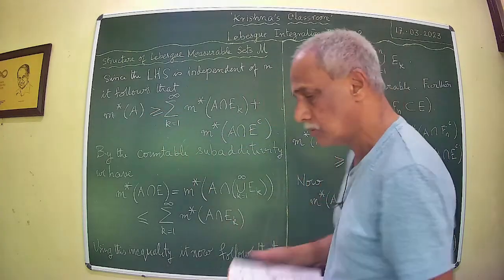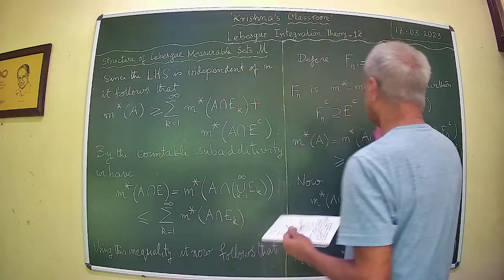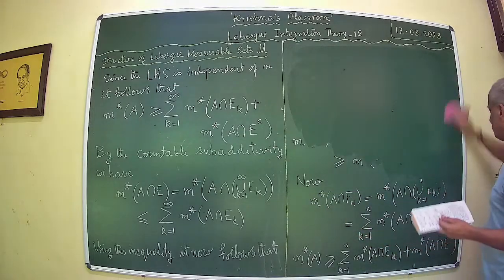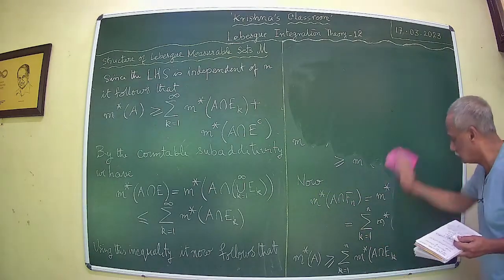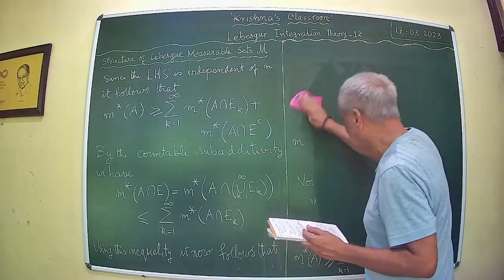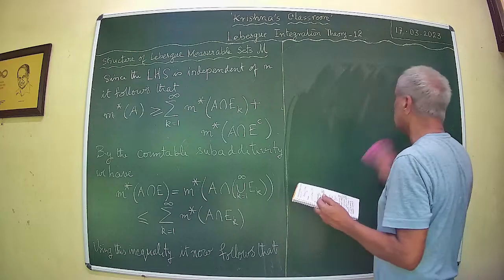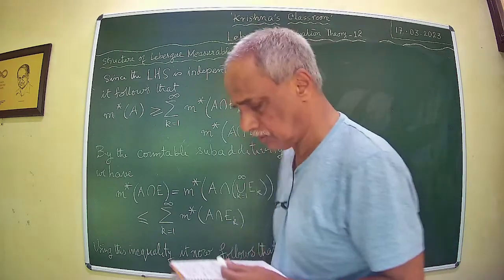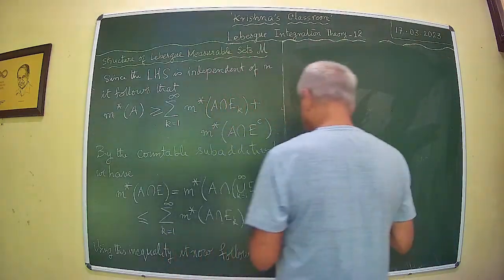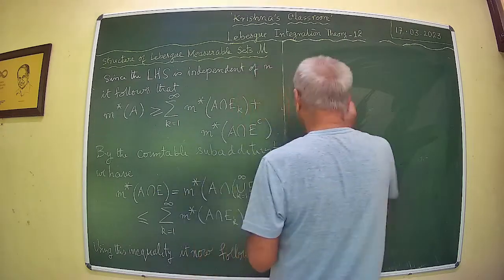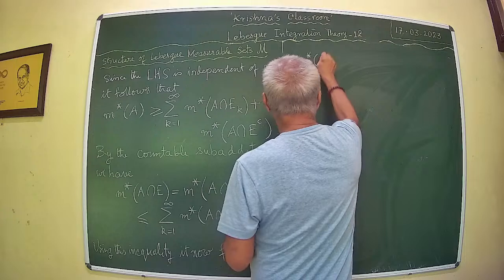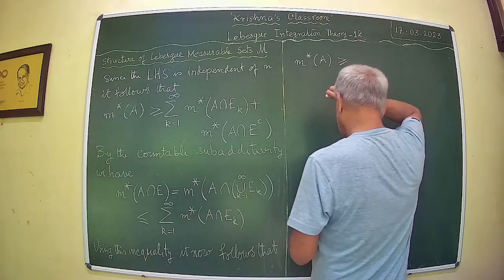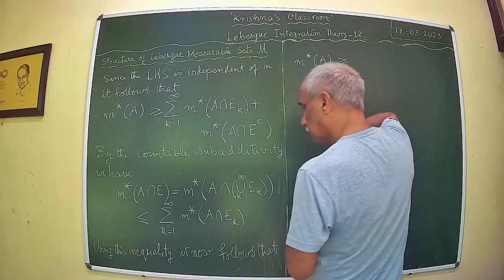Okay, it follows that m star of A is greater than or equal to m star of A intersect E plus m star of A intersect E complement.